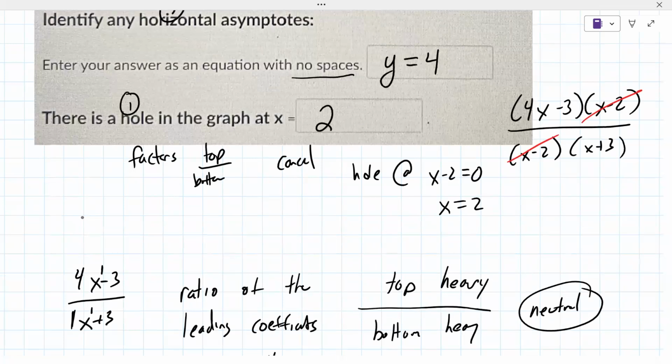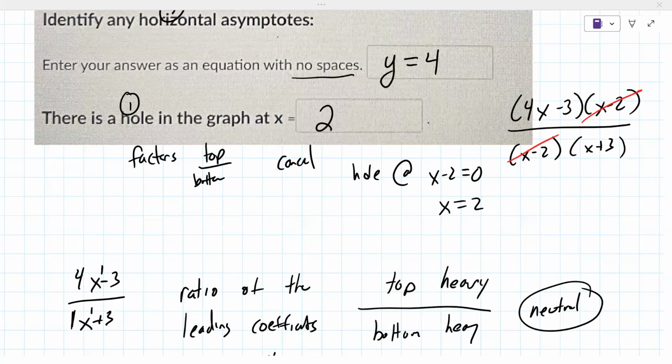And it says there are no spaces. Just be careful with that. Any questions with that? No.